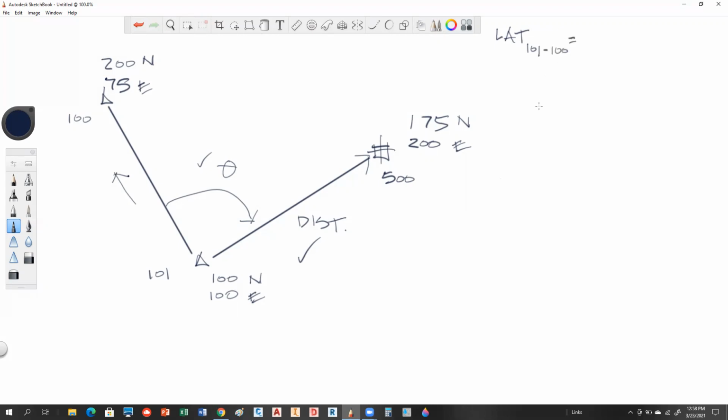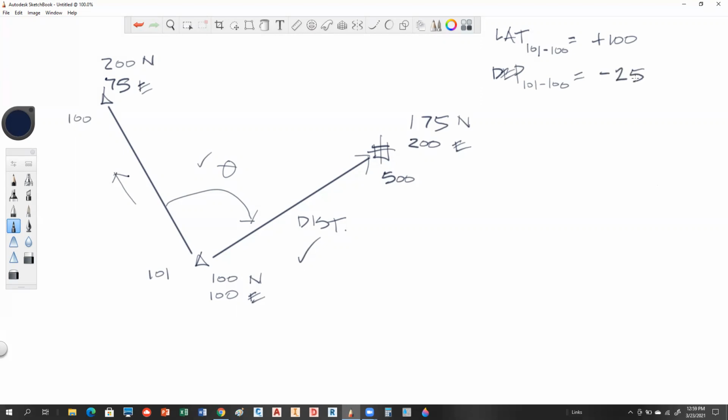So that would be the northing of 100, right? Northing of 100 minus the northing of the one I'm sitting on. So that gives me a latitude of plus 100. My departure from 101 to 100 is the easting of 175 minus the easting of 101. That's a minus 25.